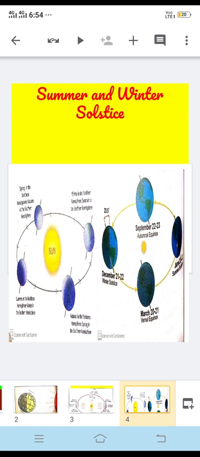As the earth is moving, it is sometimes going away from the sun rays. Some portion is not getting the sun rays, some portion is getting the sun rays. According to that, the seasons are experienced.